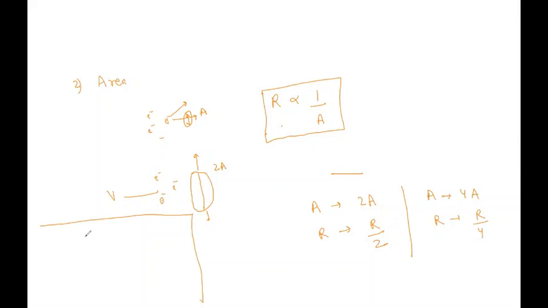Suppose you have a cylindrical wire, and it is given a diameter D. If I increase this diameter, that is, if I go to 2D, for D let's say I have a resistance R. Now the question is, what if I double the diameter?